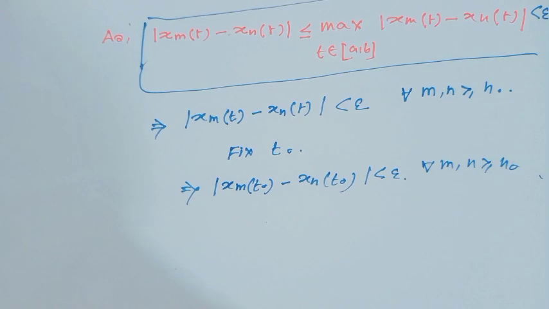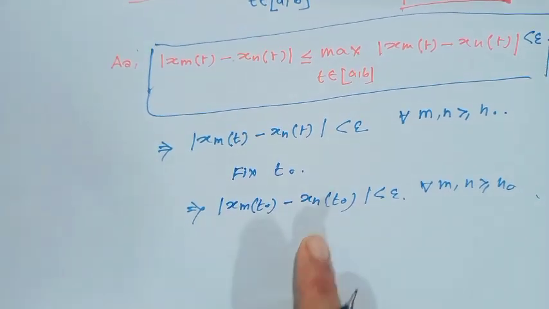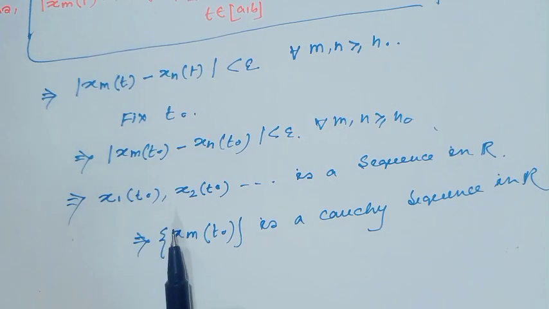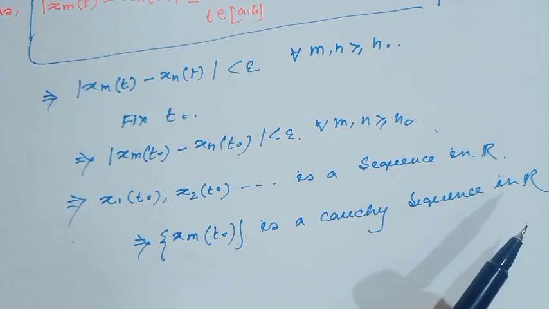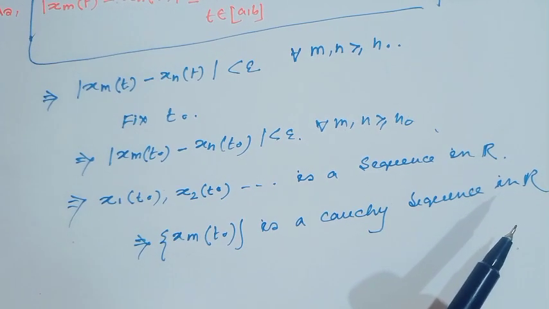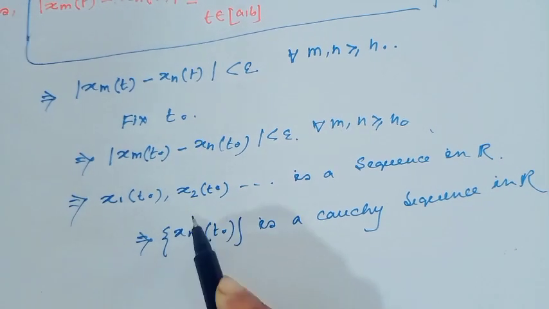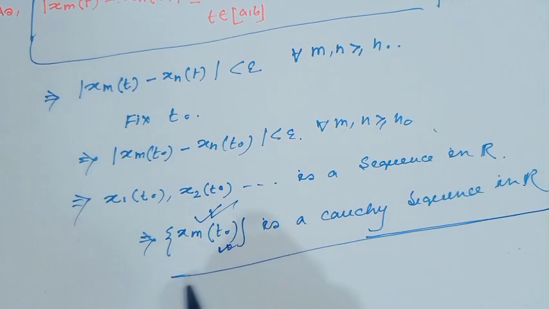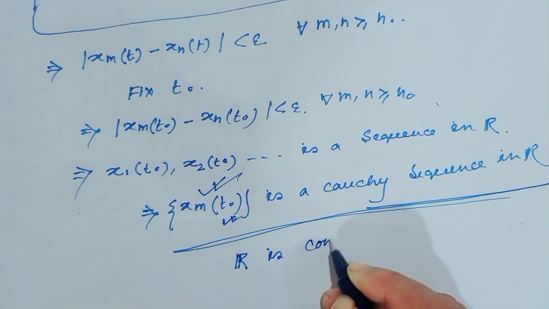I hope all my viewers have understood this. That implies x_1(t0), x_2(t0), ... is a sequence in the real line, so actually x_m(t0) is a Cauchy sequence in the real line, and R is a complete metric space.